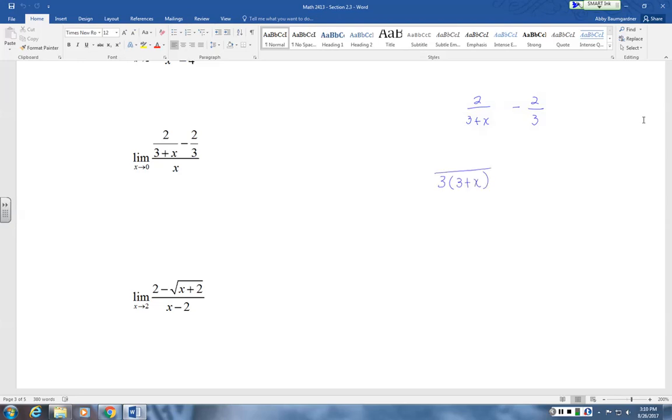And we're going to use that common denominator for both of our new little fractions, right? Now really what we're trying to do is take this old fraction, the 2 divided by the quantity 3 plus x, and write an equivalent fraction whose denominator is 3 times 3 plus x.